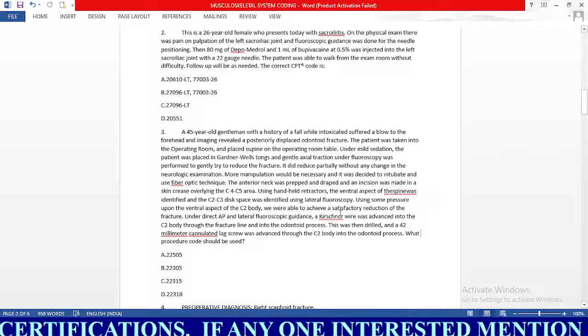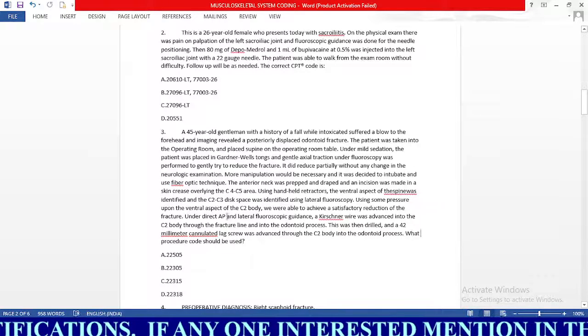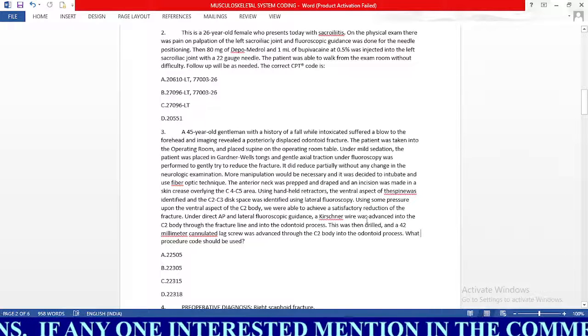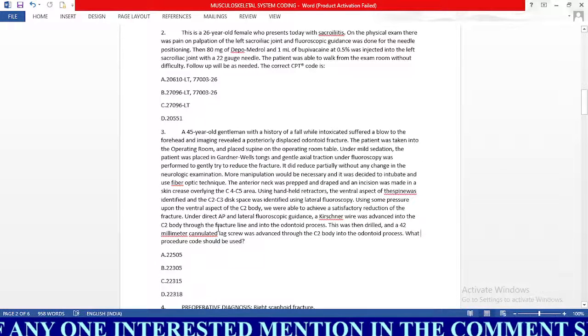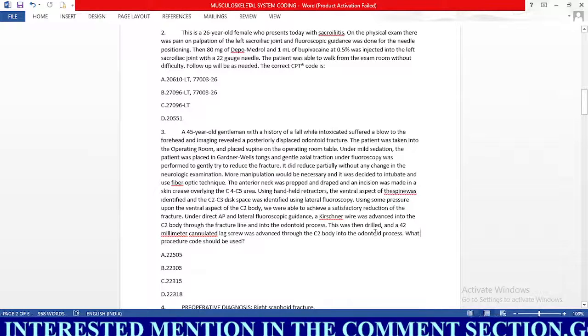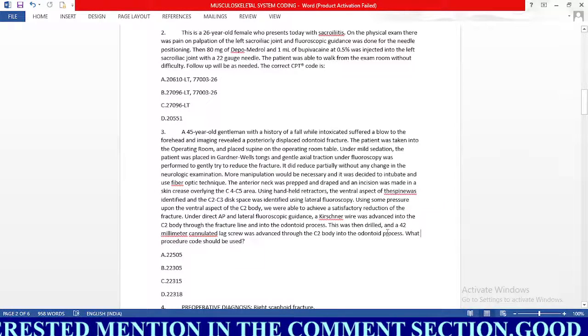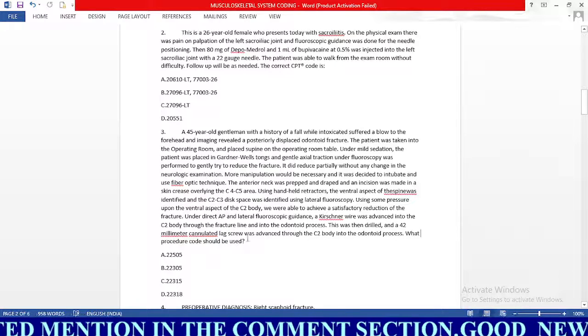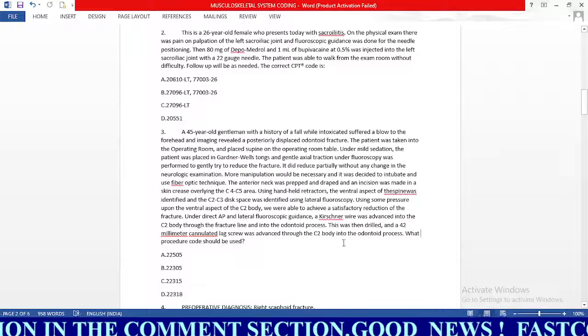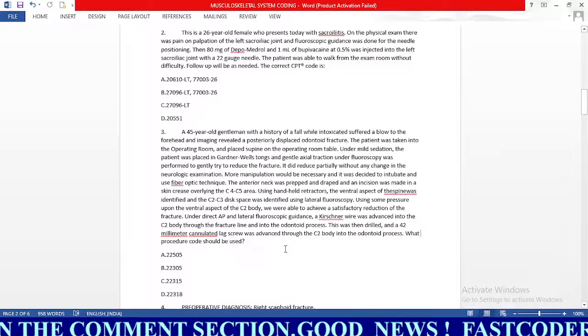So here the physician has performed the fracture reduction. Under direct AP and lateral fluoroscopic guidance, a Kirschner wire was advanced into the C2 body through the fracture line and into the odontoid process. This was then drilled and a 42 millimeter cannulated lag screw was advanced through the C2 body and into the odontoid process. What procedure code should be used?